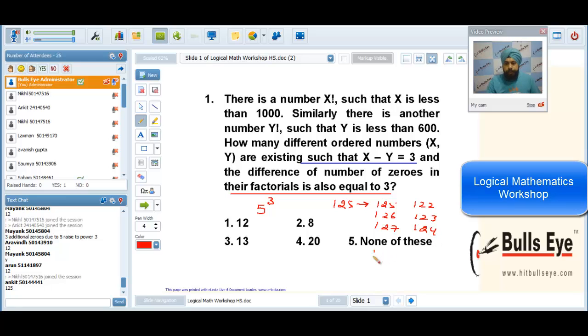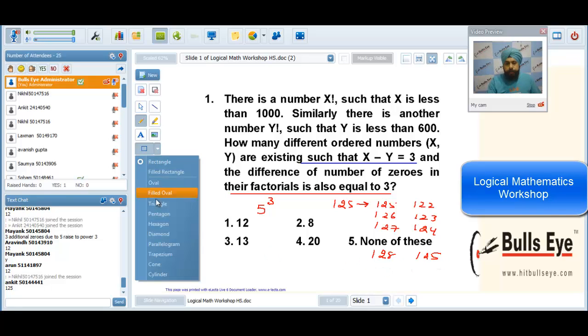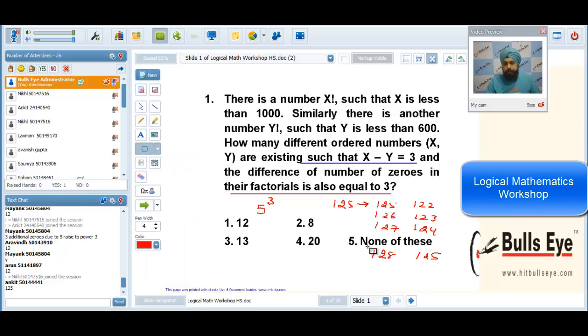Now, the moment you proceed further, taking it to be 128 and this to be 125, I think, friends, you all will be very clear that the number of zeros that 128 factorial will have and 125 factorial will have will be equal.